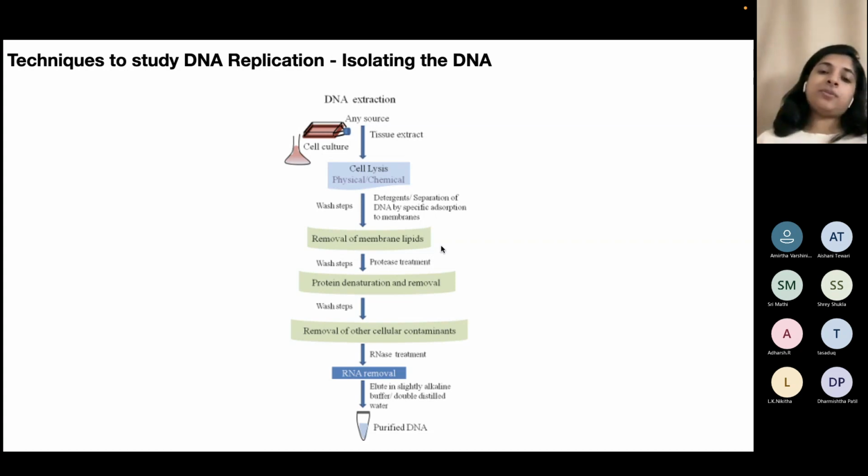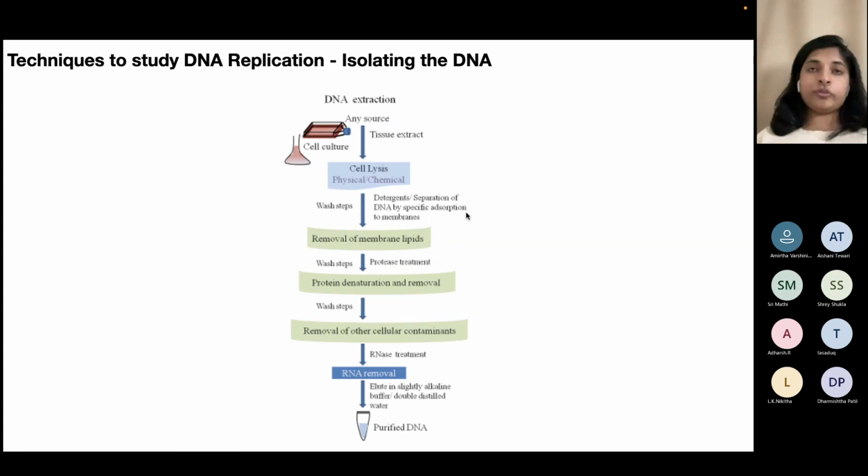So this technique was established fairly early on in biology research, in which any tissue is taken and the cell is lysed. The cell can be lysed by chemical means, as in you add a detergent. It can also be lysed by physical means, wherein you manually grind or homogenize the samples. Later on, you wash them.